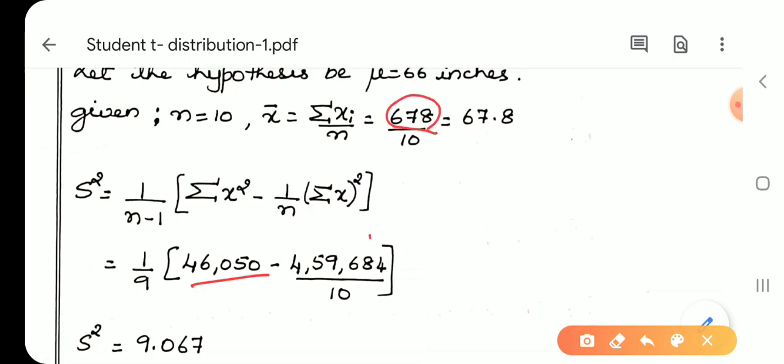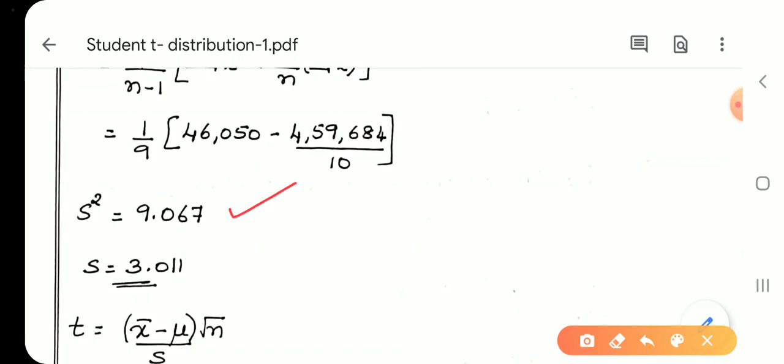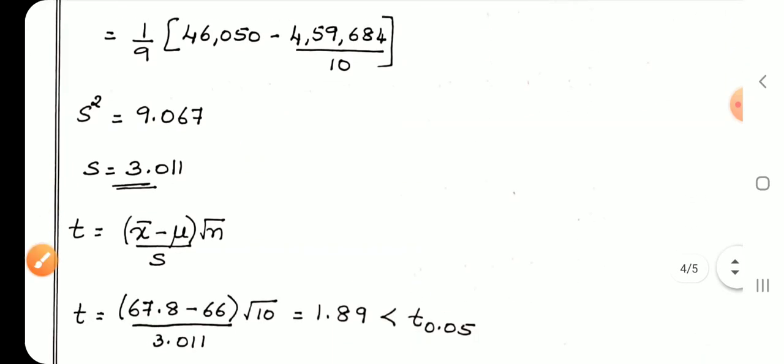Take the square of it divided by n, and if you simplify this, the value of s square you get as 9.067, value of s is 3.011. All the terms required in t are ready now.